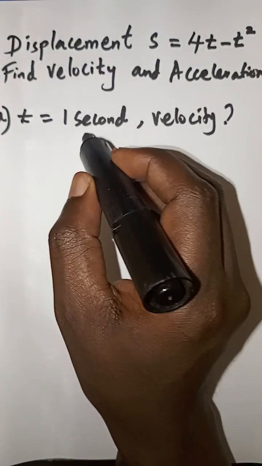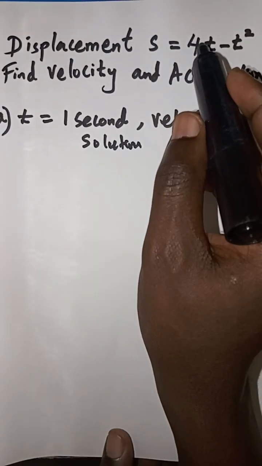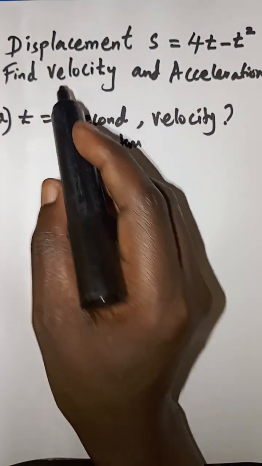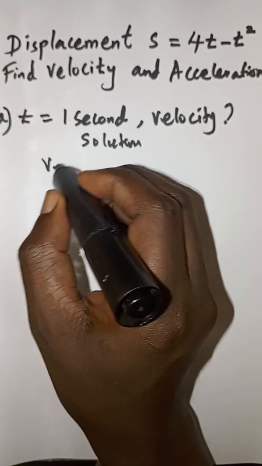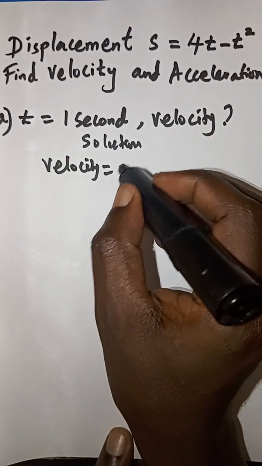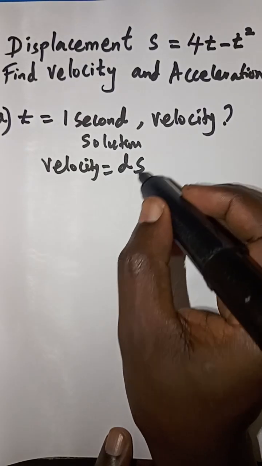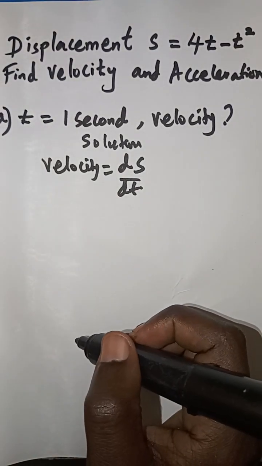But recall that given the displacement and you're asked to find velocity, then you need to know that velocity is the derivative of displacement with respect to time t.